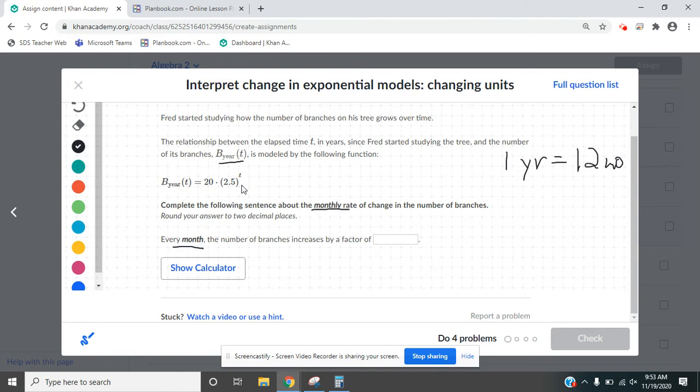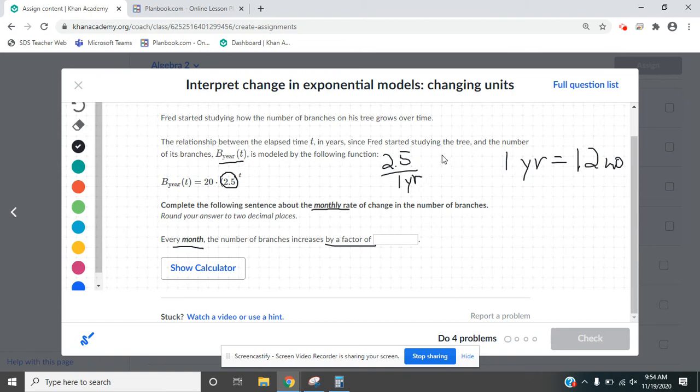All right, every month, the number of branches increases by a factor of what? Right now, it says 2.5 per year. 2.5 per 1 year.